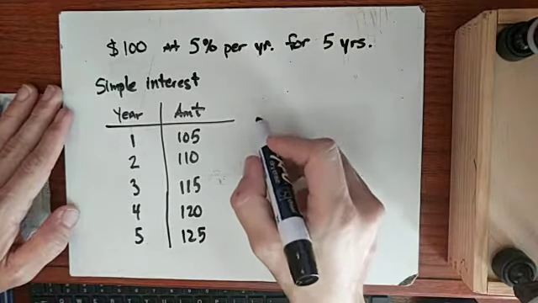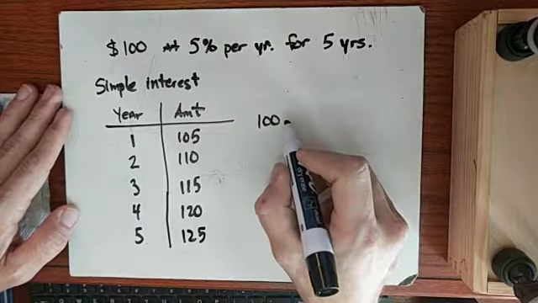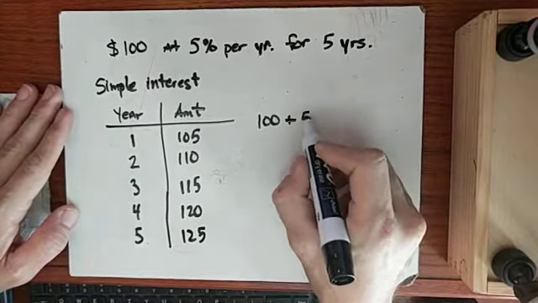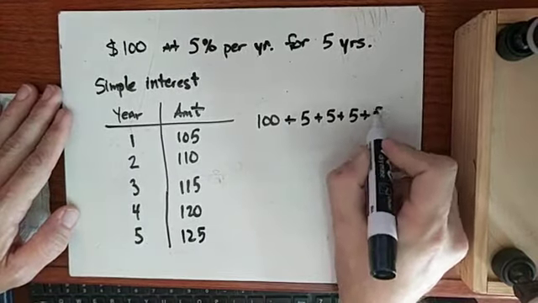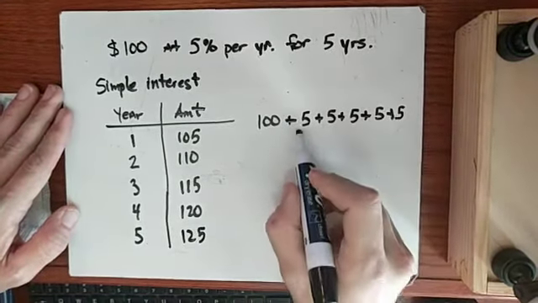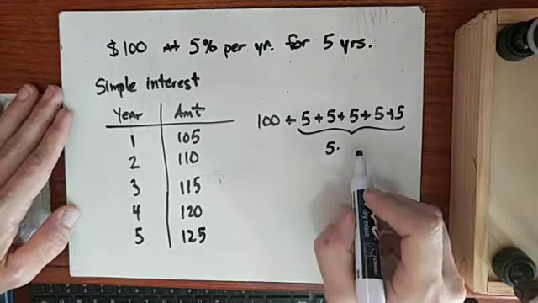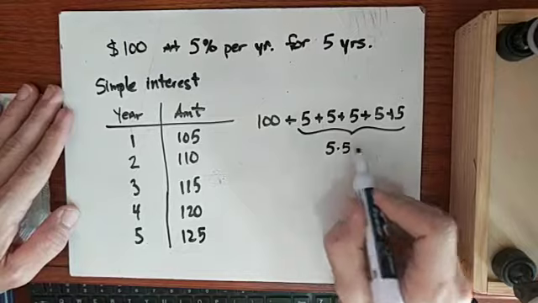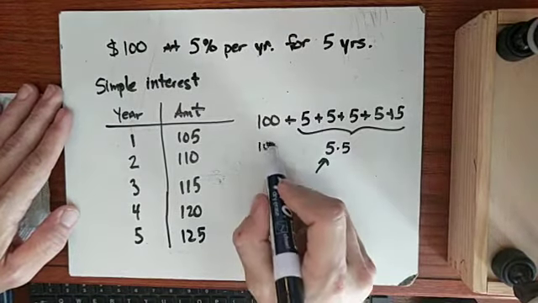Well, you start out with $100, and then you add your interest year by year by year. Now this is the same exact amount of interest 5 times, right? So where did this 5 come from? Oh, and this is 100.